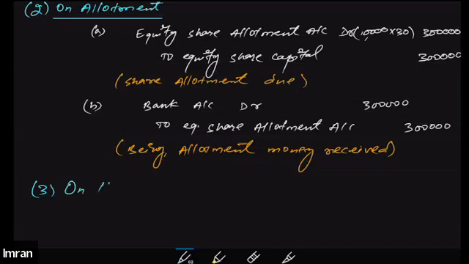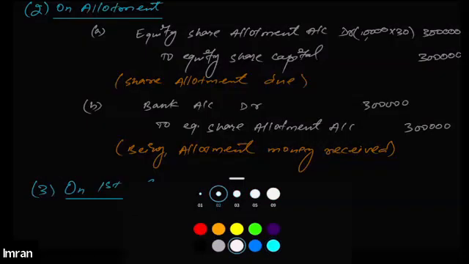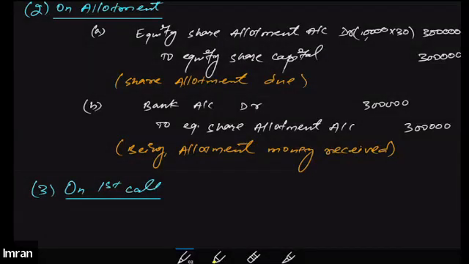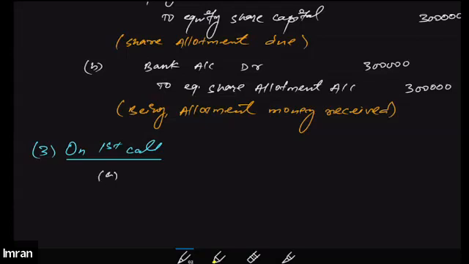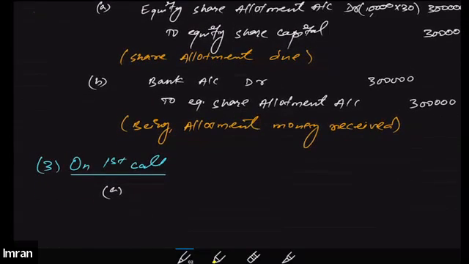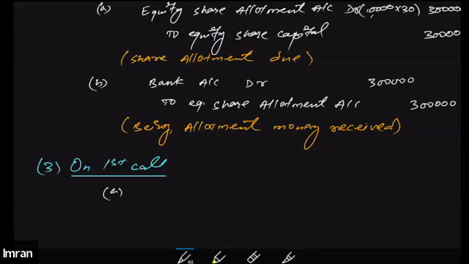Journal entry on first call. First we will have to pass the journal entry for making it due, the first call due. The journal entry for this purpose will be equity share first call account debit to, tell me, anyone?